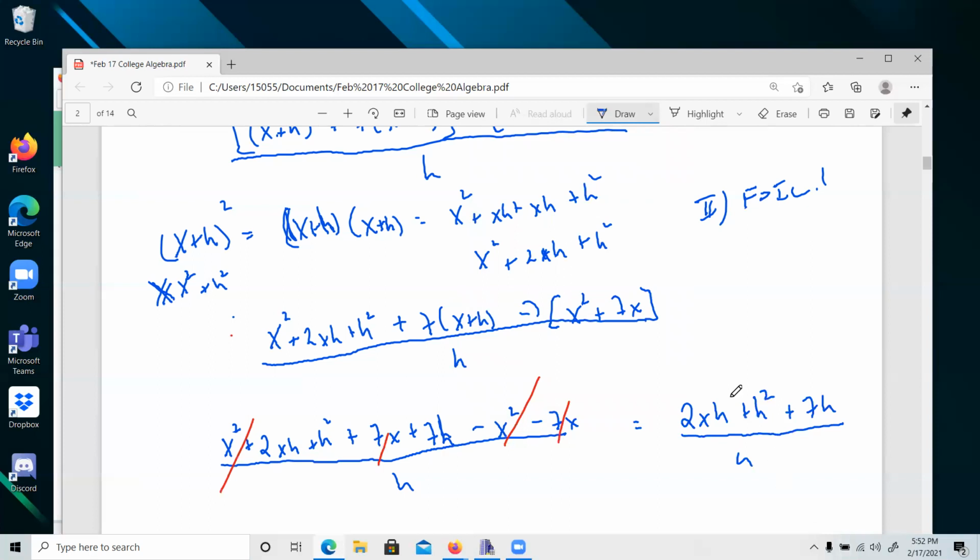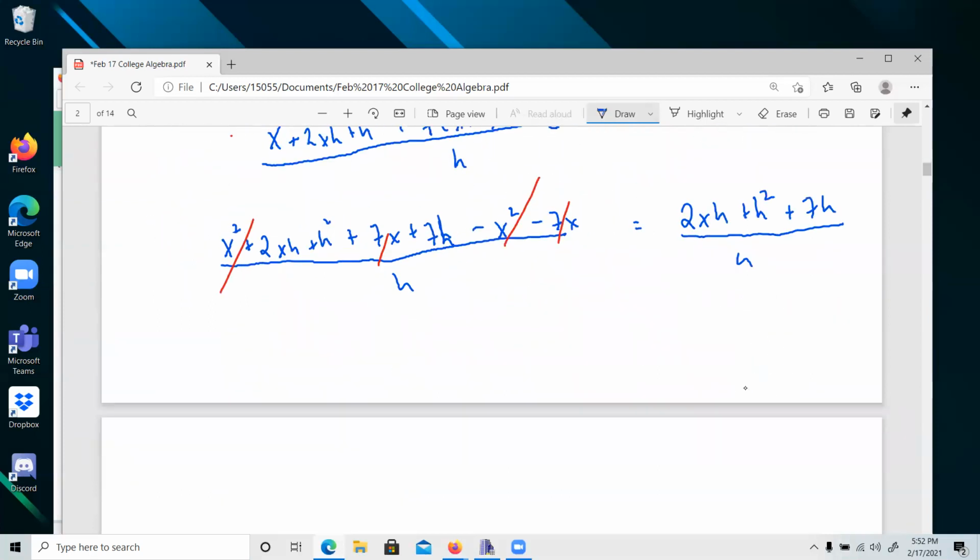What I'm going to do next is go a little bit slow. I'm going to make one more step than I really need to, because I want to make this real deliberate so you can see what's happening. So that h comes out. We have h times 2x plus h plus 7, all divided by h.